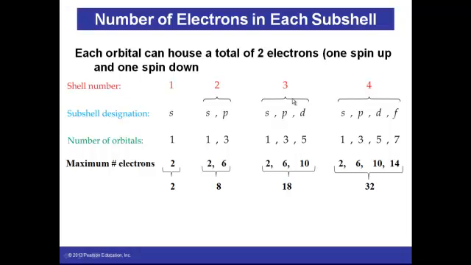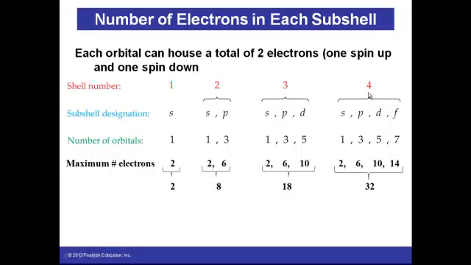So in the third shell, you can house a total of 18 electrons. So for atoms that have 3 layers, they could house a total of 28 electrons in their shells.